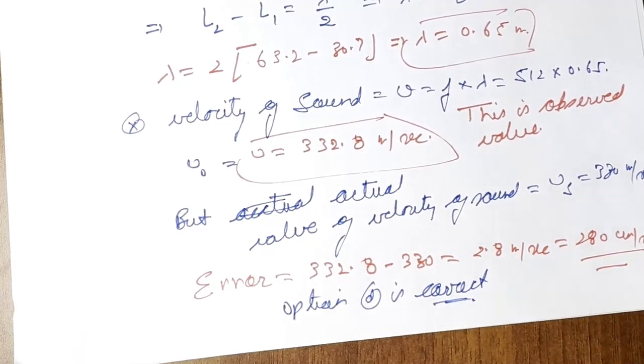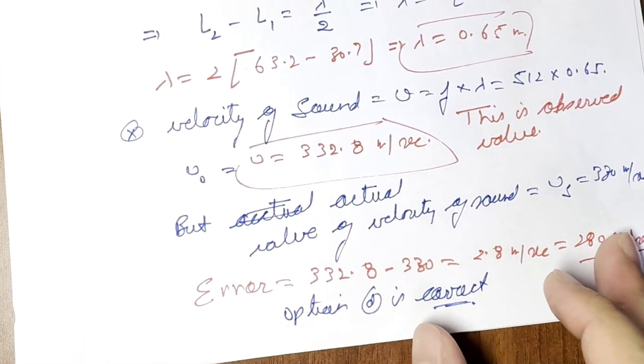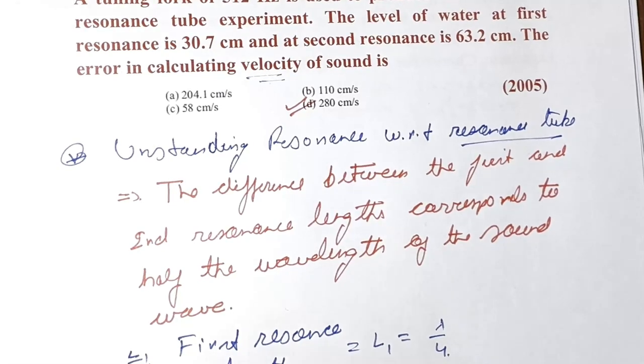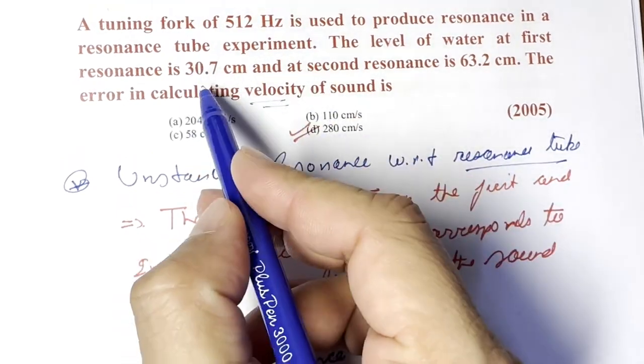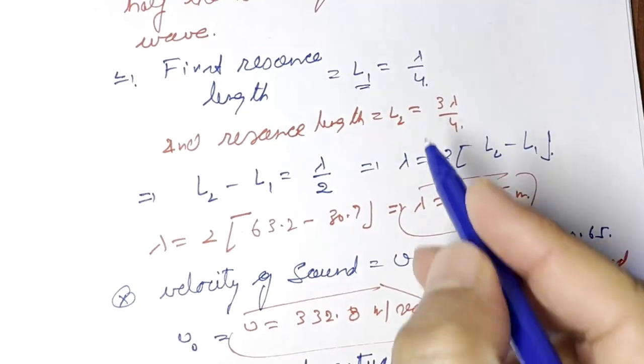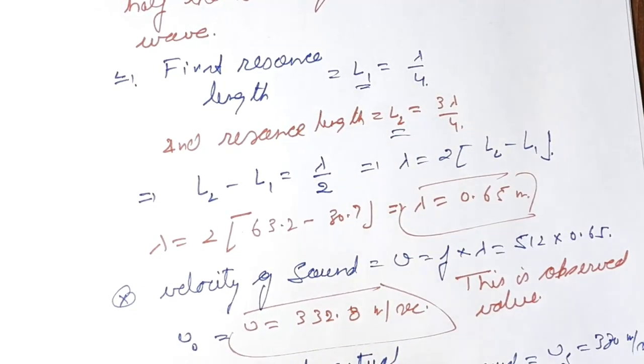Now the same question can be asked in a slightly different way. If the error arises in the measurement of the lengths, meaning the error is in the measurement of L1 and the error is in the measurement of L2, what will be the error in the measurement of the velocity of the sound?